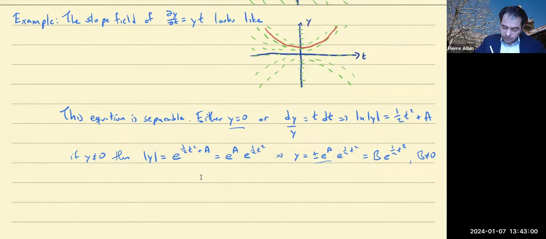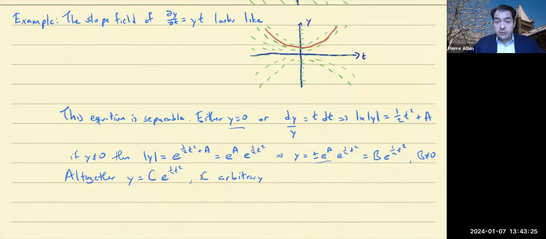However, if b were equal to 0, then we would just get this solution. So altogether, y is equal to some constant c times e to the 1/2 t squared with c arbitrary. Okay, so we see it isn't actually a parabola, but it does behave like a parabola. It's actually an exponential of a square, right?